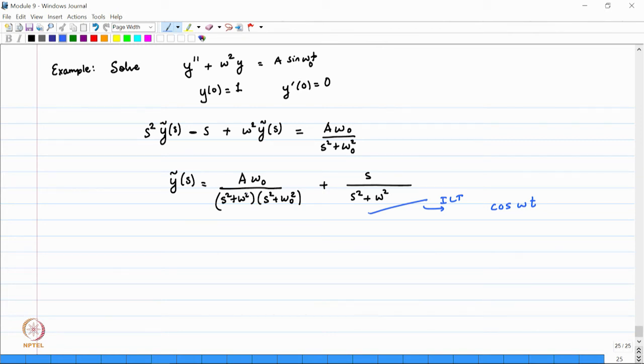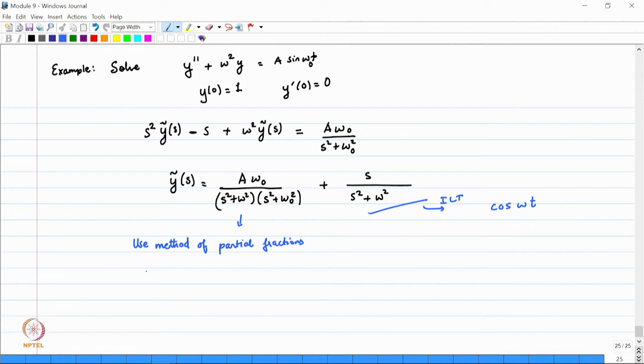What about the inverse Laplace transform of this quantity? How do you take the inverse Laplace transform of this? To do that, you use the method of partial fractions. Now, I will just illustrate this.